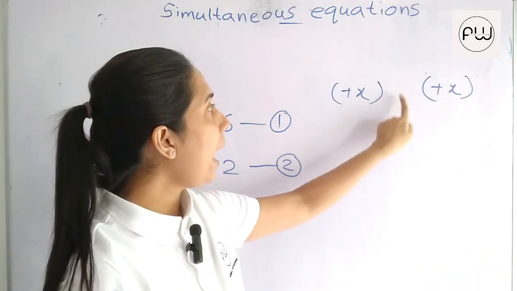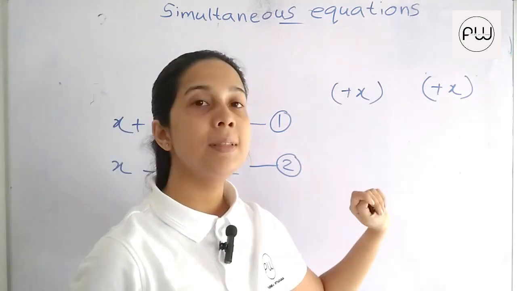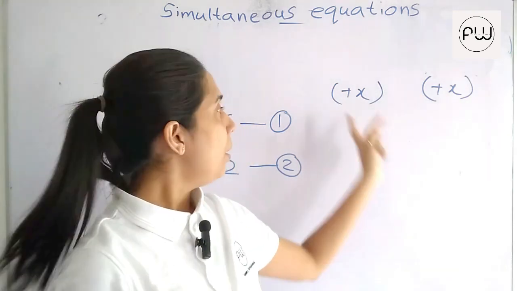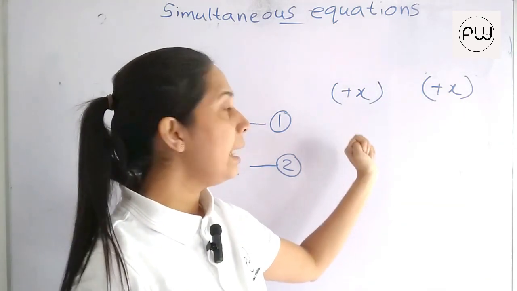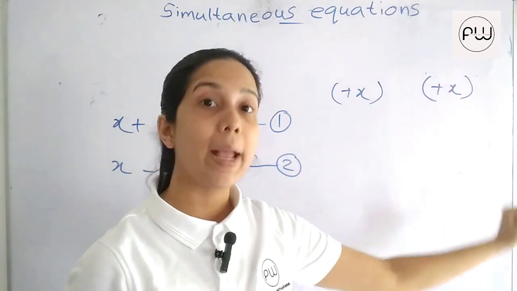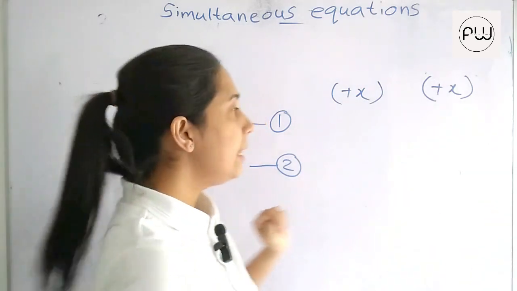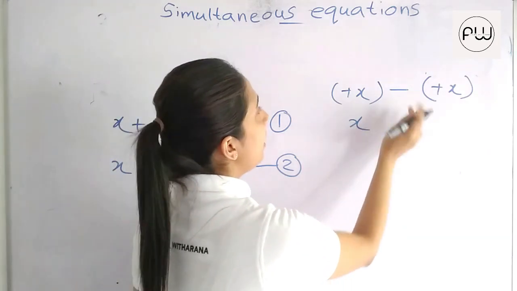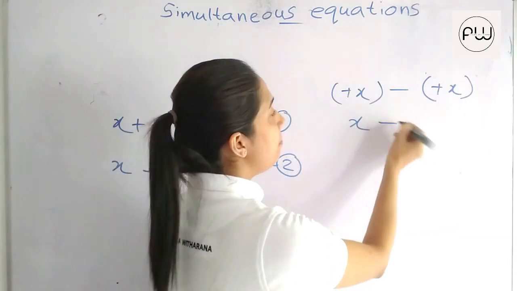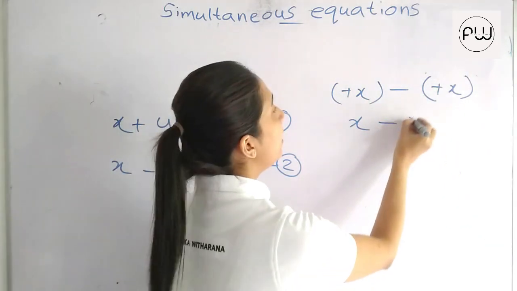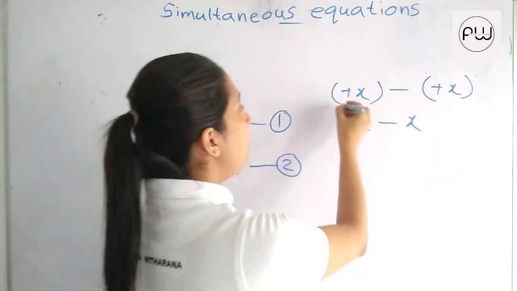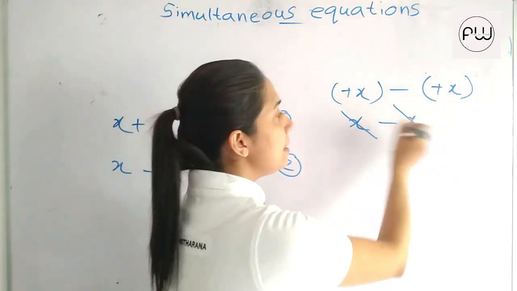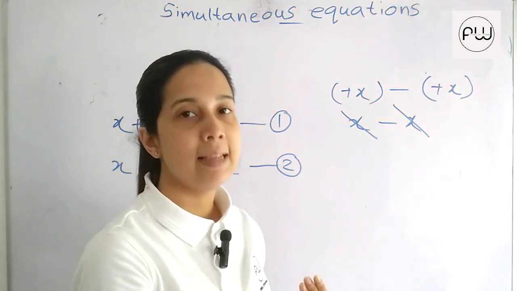Now if we add these two terms together, what happens? Both are plus values. Then it becomes plus 2x. We can't cancel out. Then let's subtract and check. See here, plus x minus y, plus it becomes minus and here minus x. Then plus x and minus x, we can cancel out.